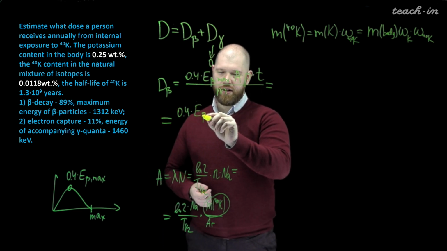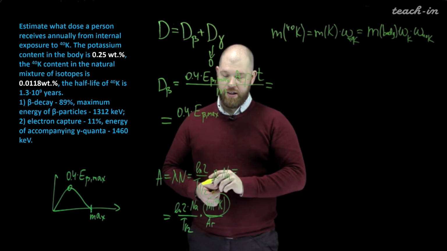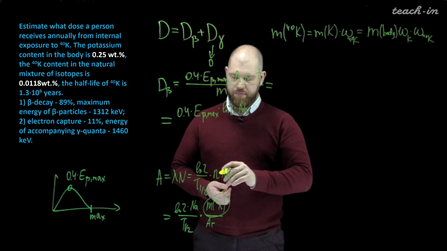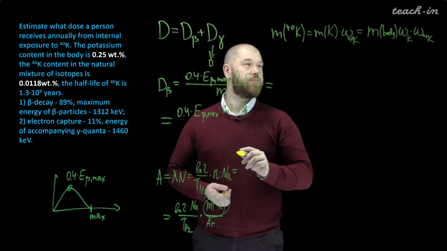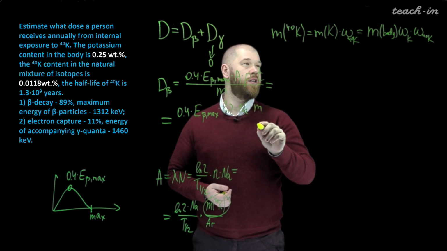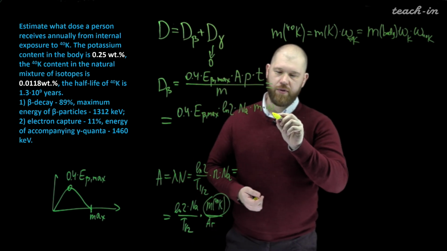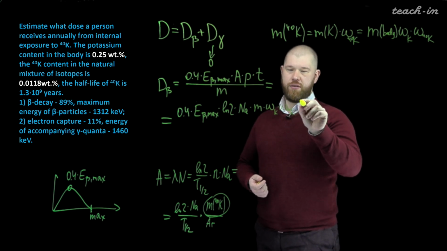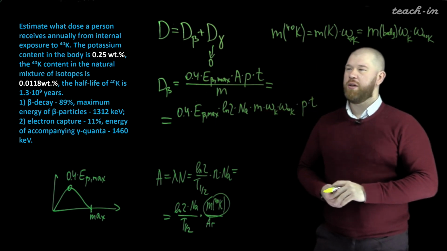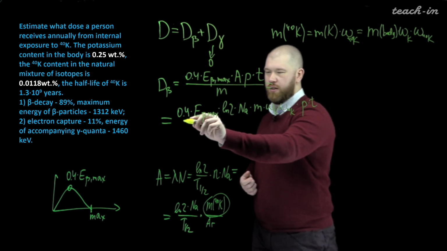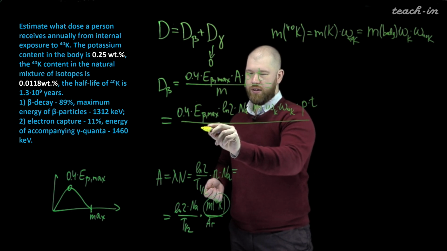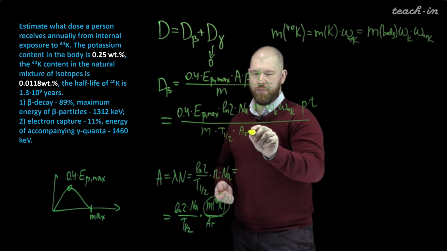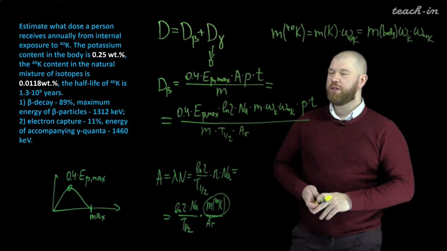So again, it is energy of beta particles, activity, now it's logarithm 2, Avogadro number, mass of potassium-40, so it's the mass of our body, fraction of potassium-40 in potassium, then yield, the probability of beta decay, time, and now it is mass, half-life, and atomic mass of our potassium-40.